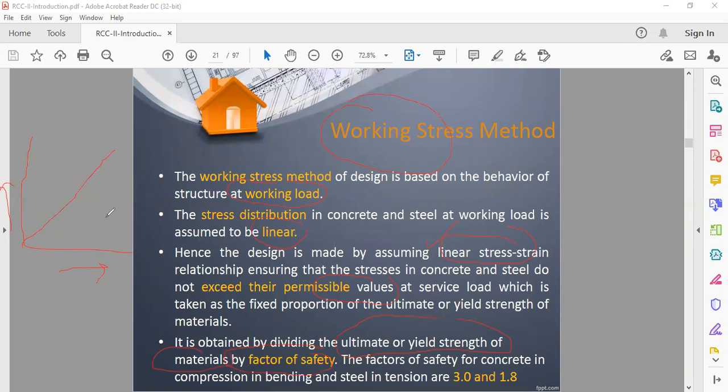So if you divide that ultimate strength by the factor of safety, the factor of safety for concrete in compression, bending, and for steel in tension are 3.0 and 1.8. That was the earlier one in the working stress method, and that's how the factor of safety comes.